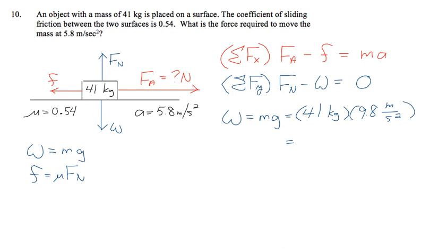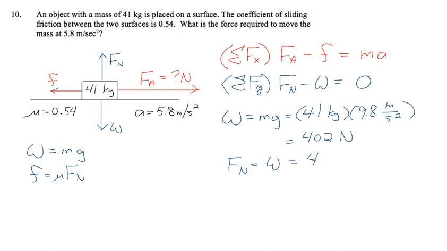So 41 times 9.8, what is that? To 3 significant digits. 402. So 402 newtons. Now that I know the weight, what can I solve for? Now I can say the normal force is equal to the weight because of the second descriptive equation above.